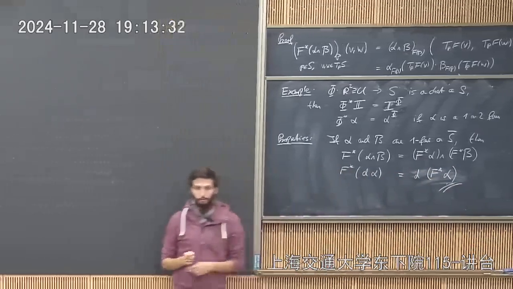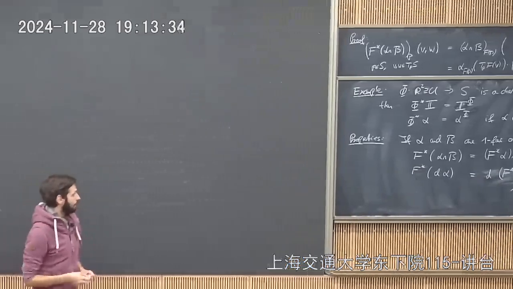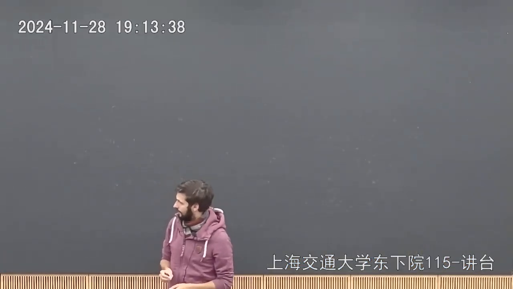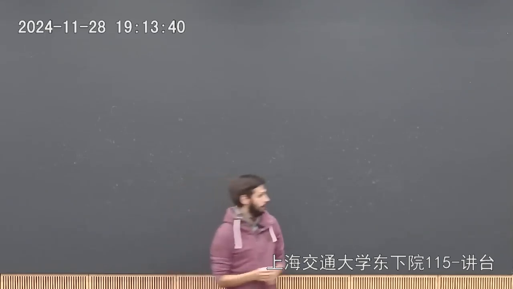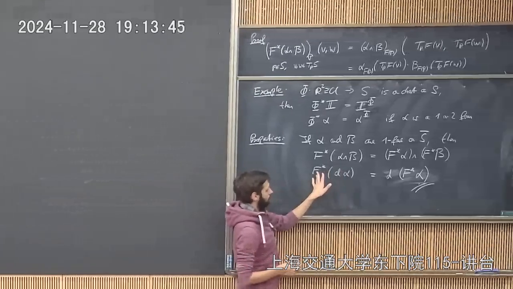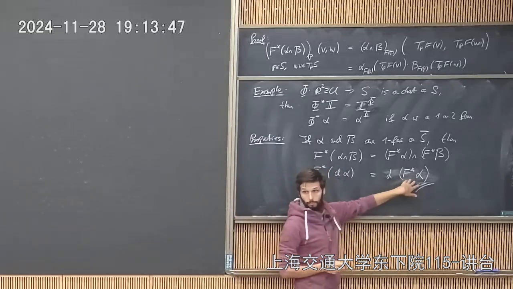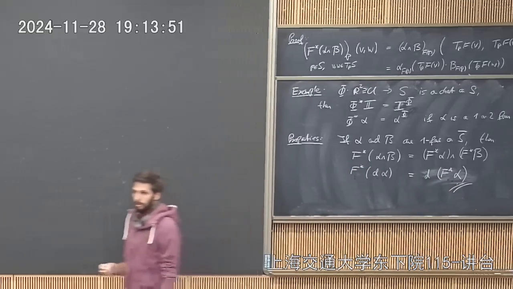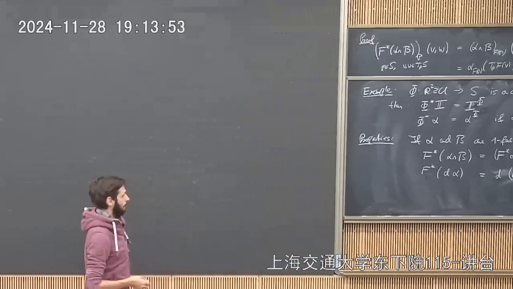Yeah, it's correct, yes. So sometimes it's easier to first calculate d alpha and then take the pullback, and sometimes it's easier to first do the pullback and then take the d. And it's very handy to know that it doesn't matter.